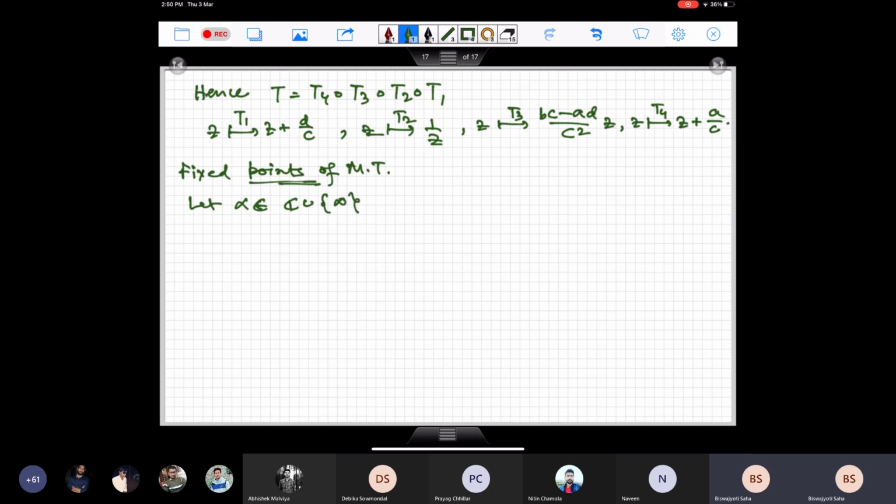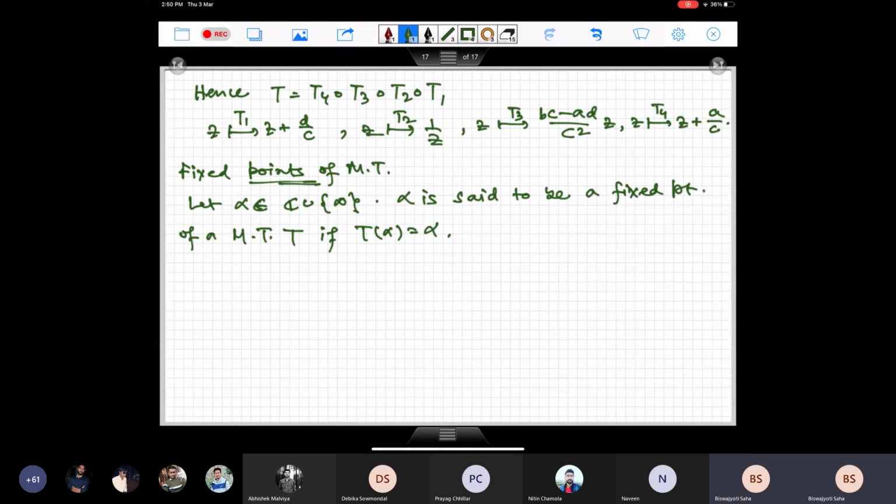So alpha could be infinity also. Alpha is said to be a fixed point of a Mobius transformation T if T of alpha is equal to alpha.